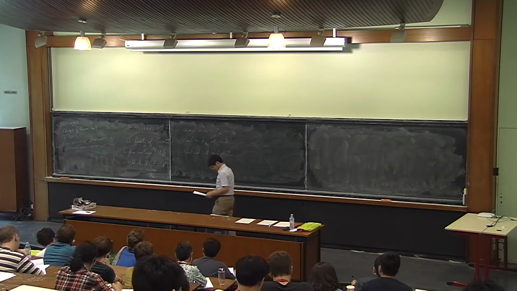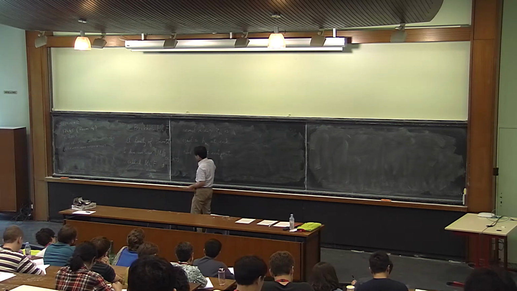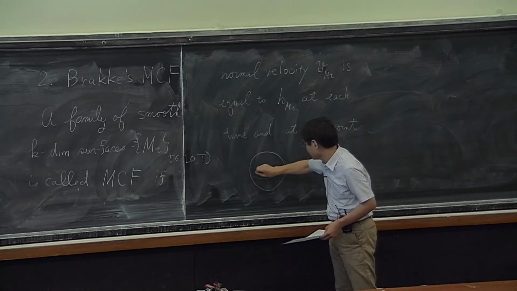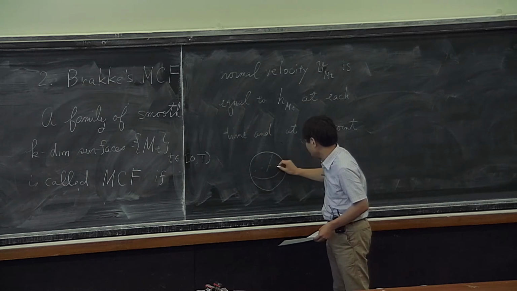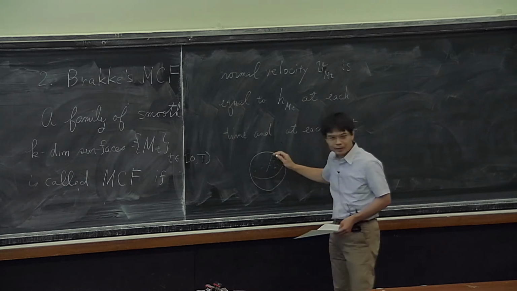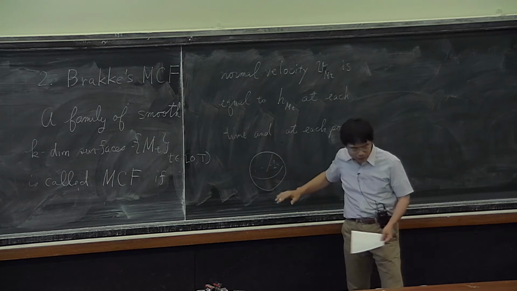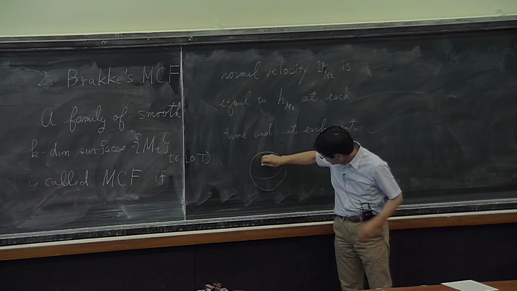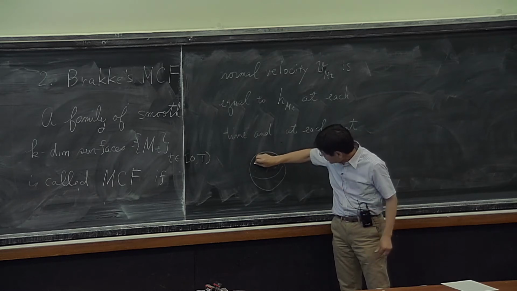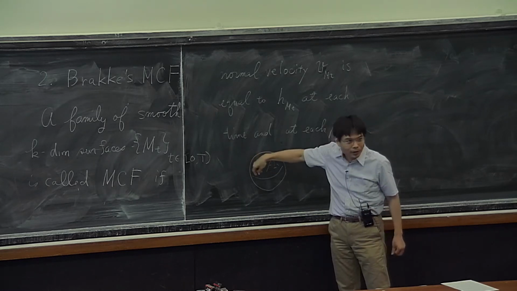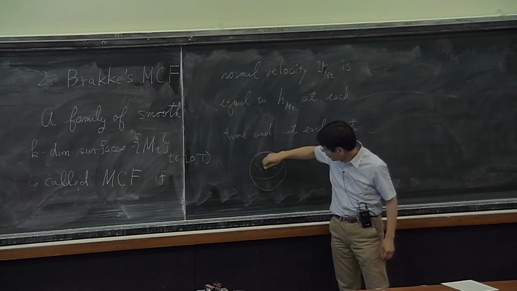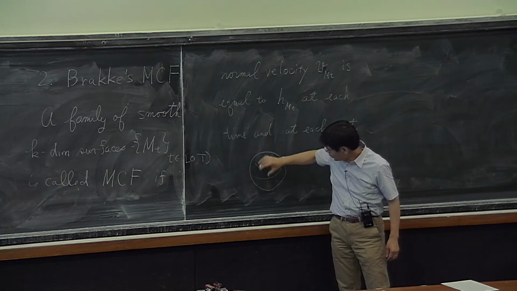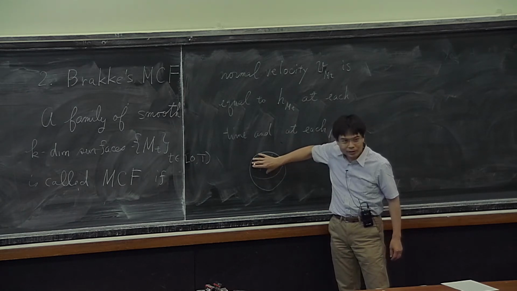Now, these are well-known things. For example, if you start out with a sphere of radius, say, 1, I won't give you the precise formula, but as you can imagine, in the case of the sphere the mean curvature vector is pointing inwards, and its length is the inverse of the radius.